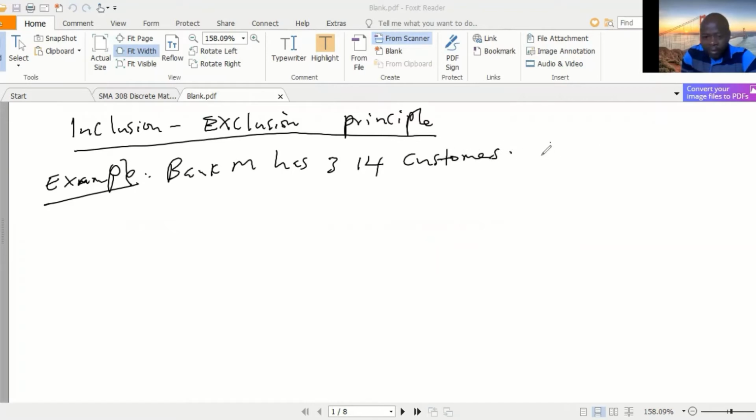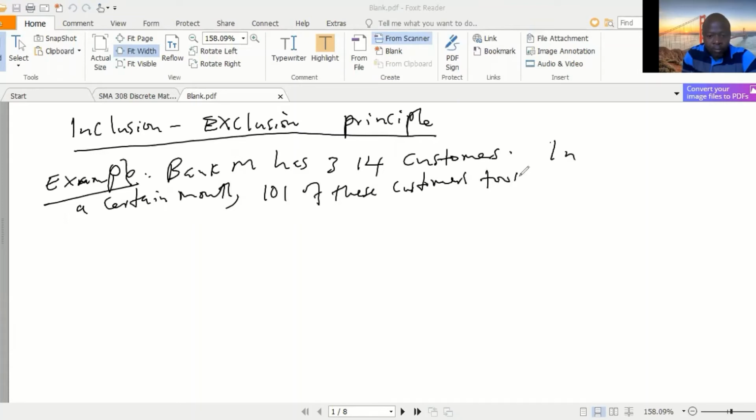In a certain month, 101 of these customers took car loans. 90 customers took investment loans.